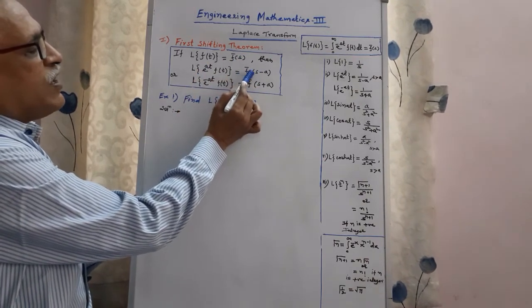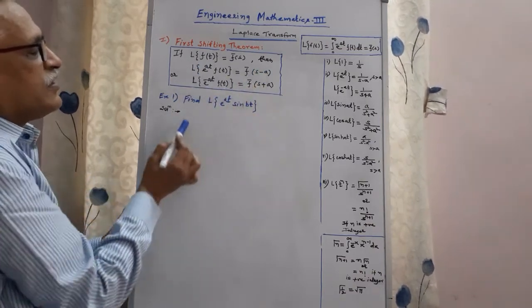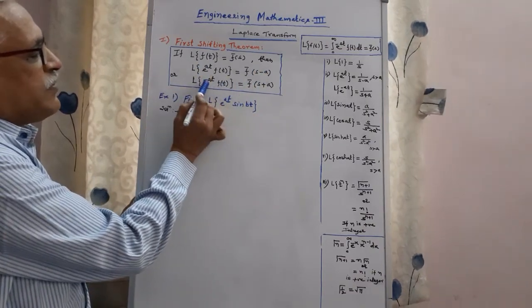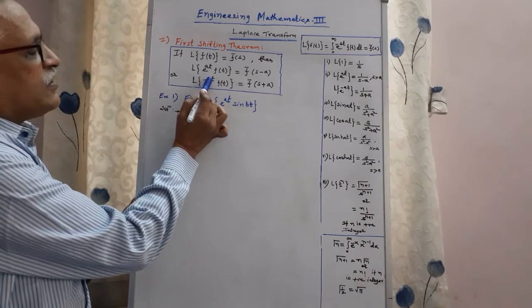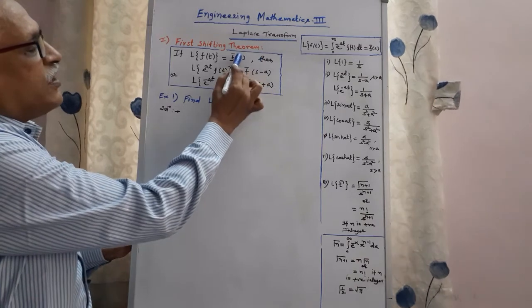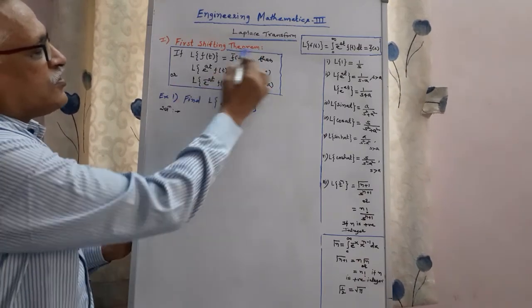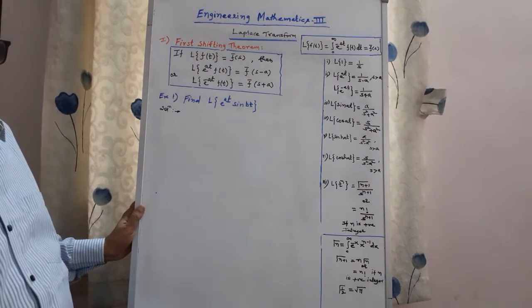Therefore, here we get f bar of s minus a. If it is plus a, here it is s minus a. Or if it is multiplied by e raised to minus at, where a is with negative sign, then replace s by s plus a. Therefore, this is the statement of the first shifting theorem.